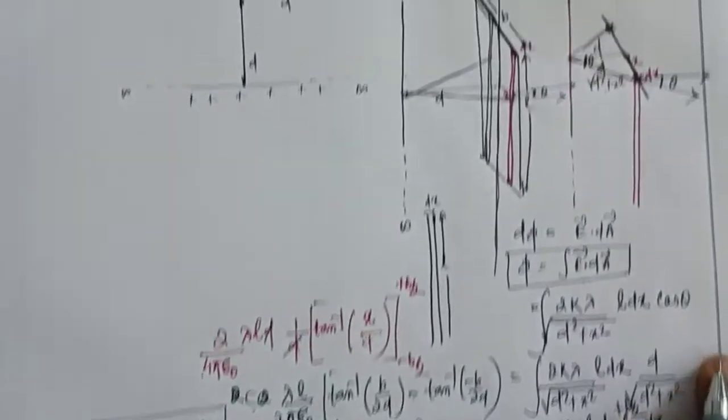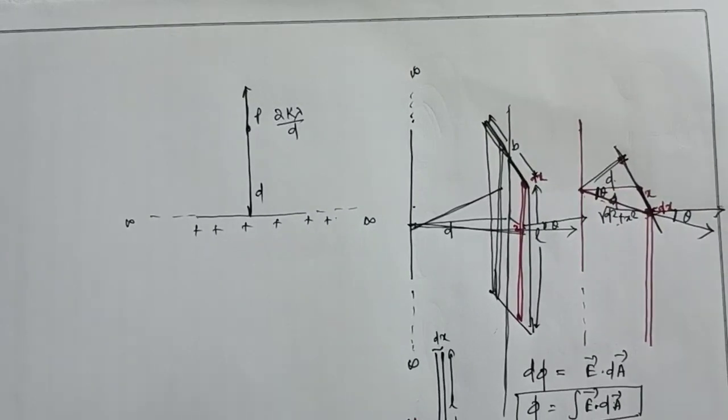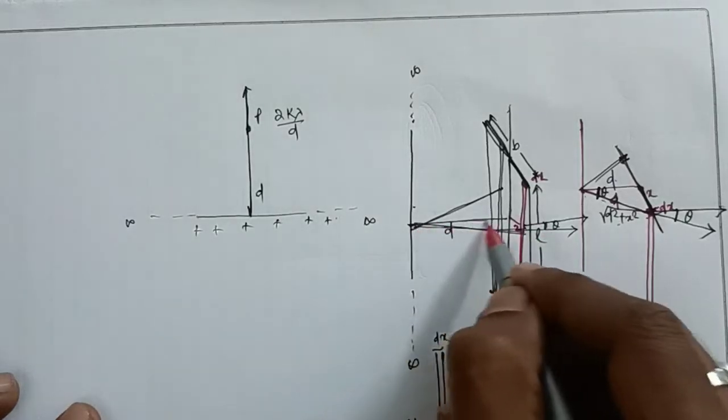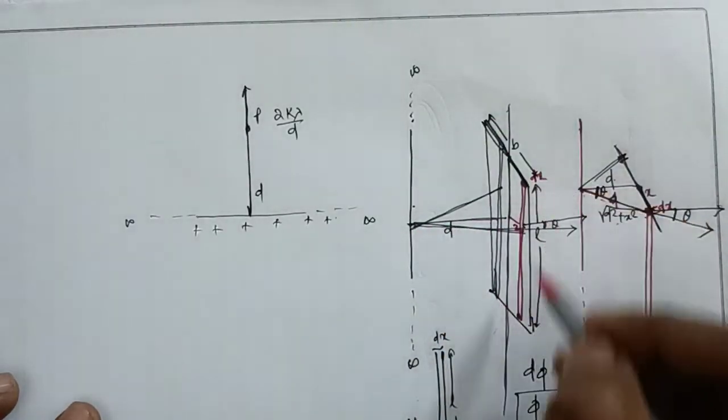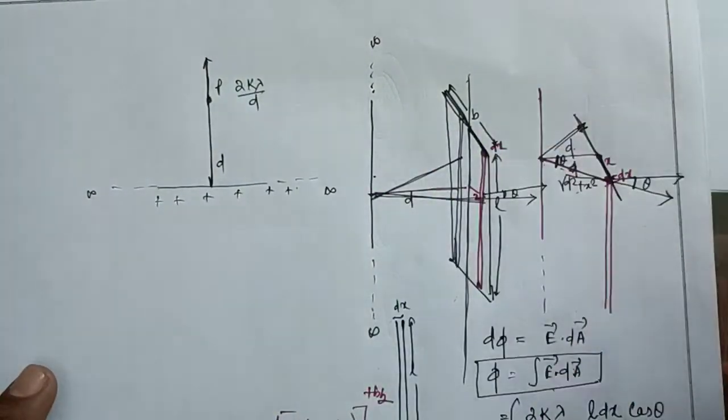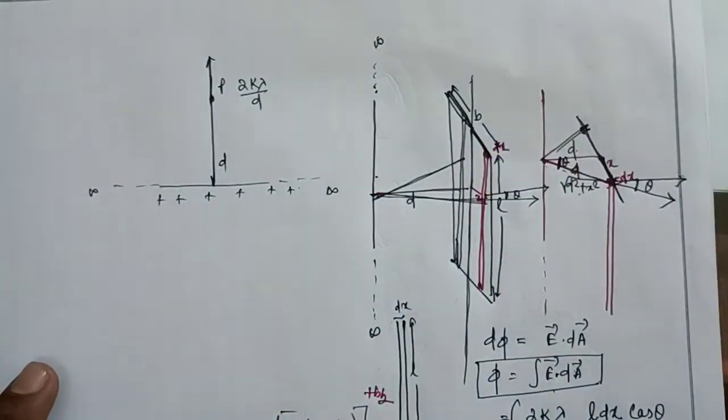One more time I want to repeat for the student perspective. This is an infinite line charge. Exactly at a certain distance d, a rectangular sheet of length L and breadth b is placed. The question is asking how much flux passes through this non-conducting rectangular sheet.